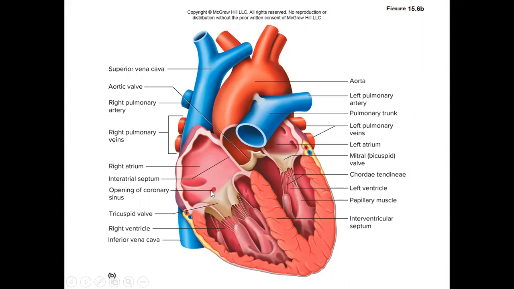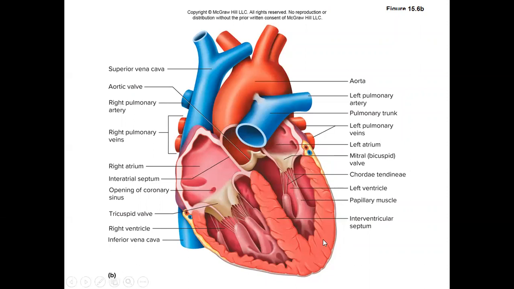Remember that the right heart is responsible for bringing blood to the lungs, which are literally right next to the heart, so that it can be oxygenated. The left side of the heart is responsible for pumping blood into the aorta, which is then going to pump blood throughout the entirety of the body. So from your head to your toes, it's getting blood from the left side of the heart.